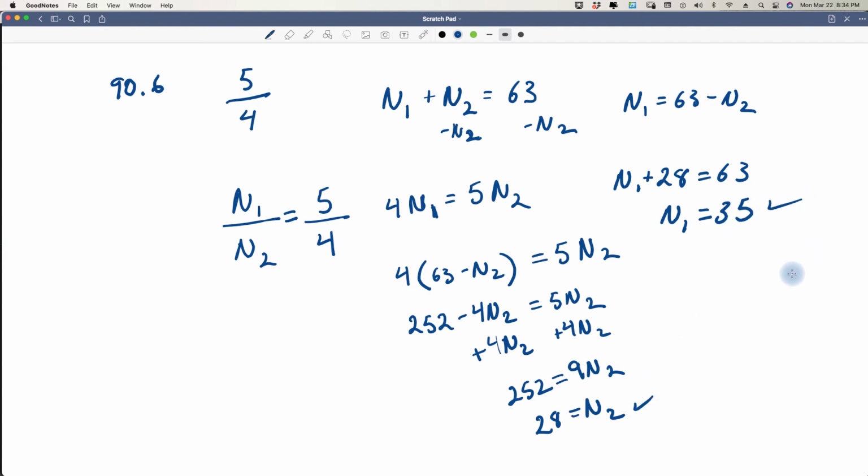And we know that those are correct. And if you look at those numbers, you can see that 4 times 7 is 28, and 5 times 7 is 35. Okay, so that's the ratio of 4 to 5.